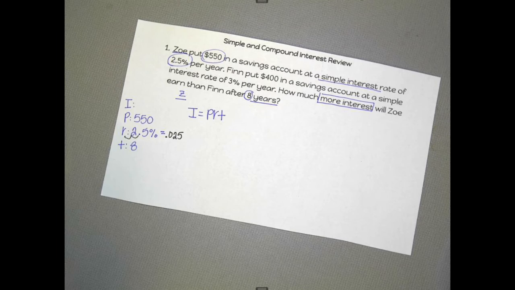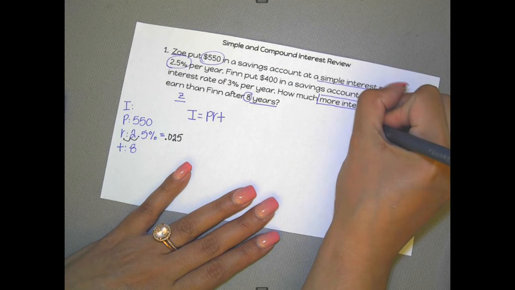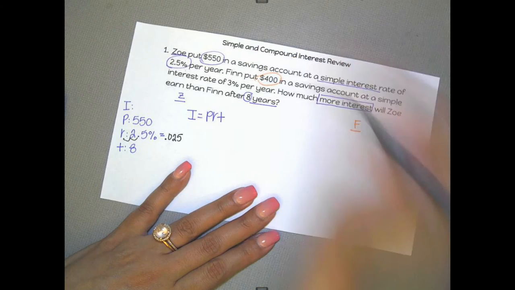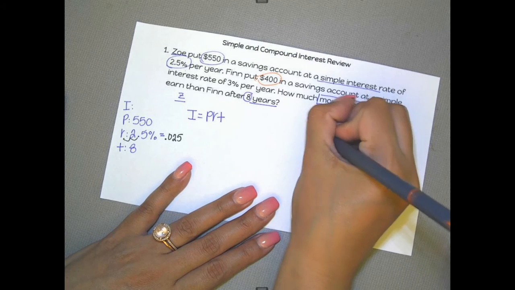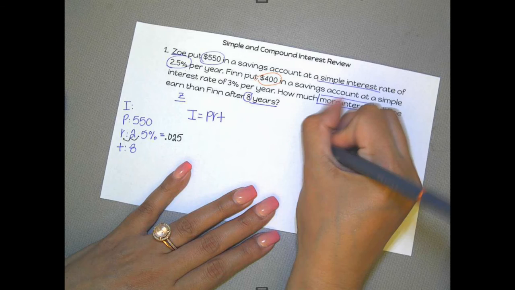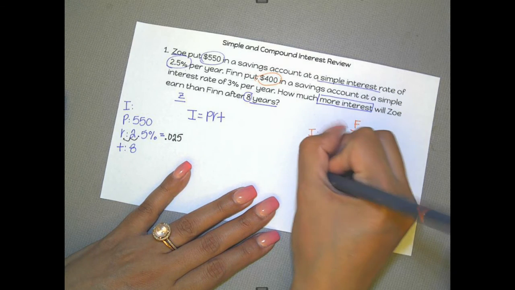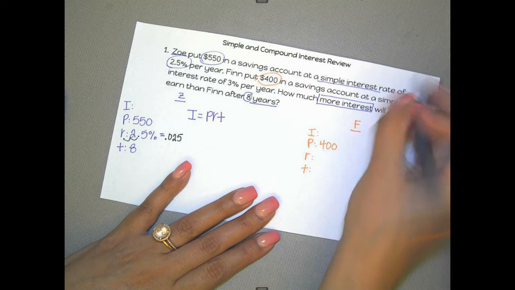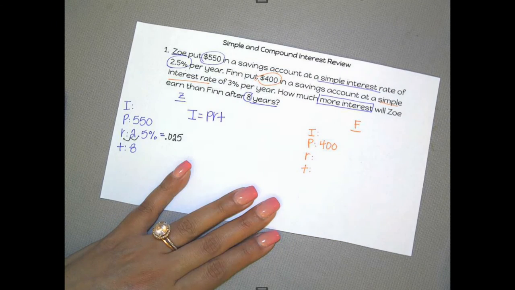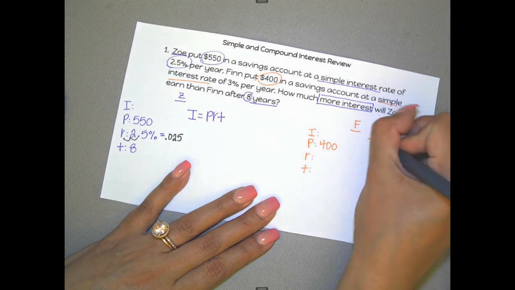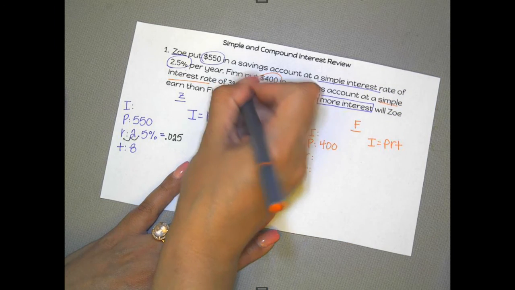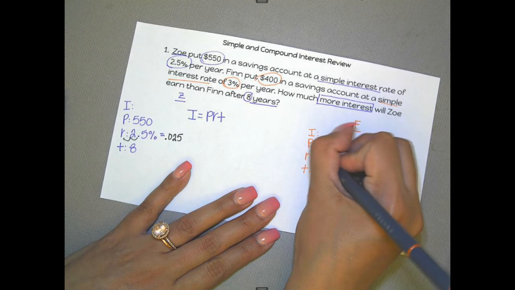Now I'm going to pull out my information for Finn. And it says Finn put $400 in a savings account. So that $400 is going to be Finn's principal at a simple interest rate. So I'm going to use the same formula, I equals PRT for Finn, of 3% per year.